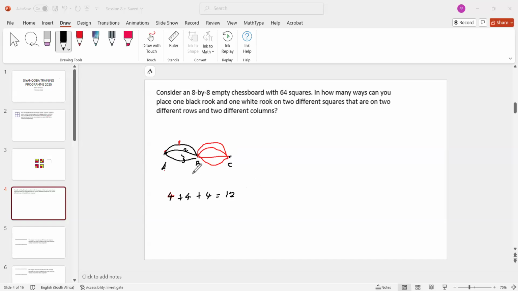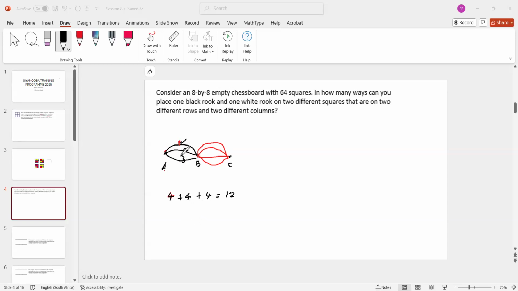Now, the logical argument is the following. Listen to this argument. The first road can be chosen in 3 ways. For each choice of the first road, like for instance 1, there are 4 choices for the second, right?